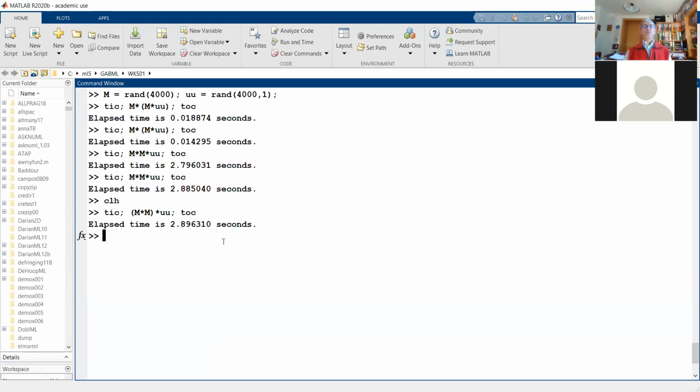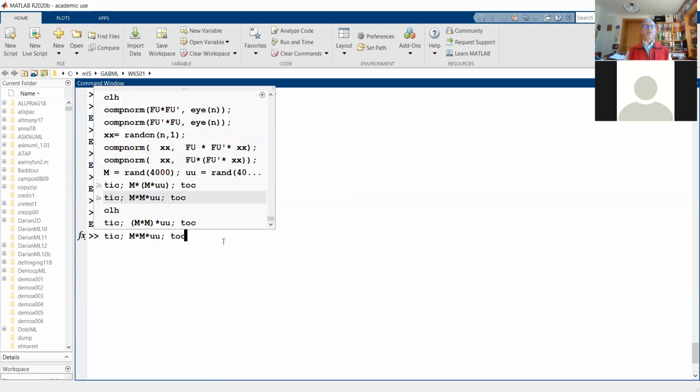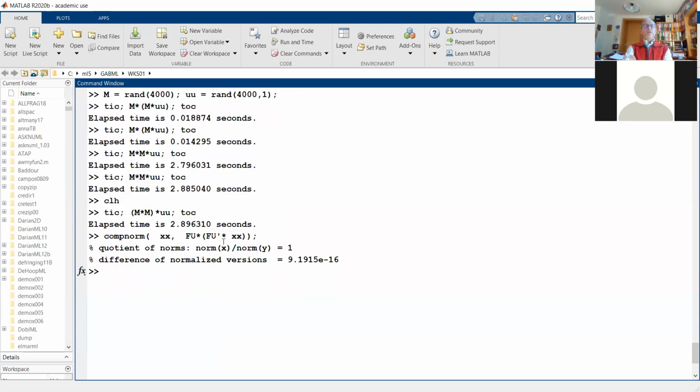So what is the point here? I was telling you, if you compare the vector with the original vector, we have the same vector. But what does it mean if you are doing first matrix multiplication with the transpose conjugate? Well, you have to think of the matrix FU as a collection of vectors.